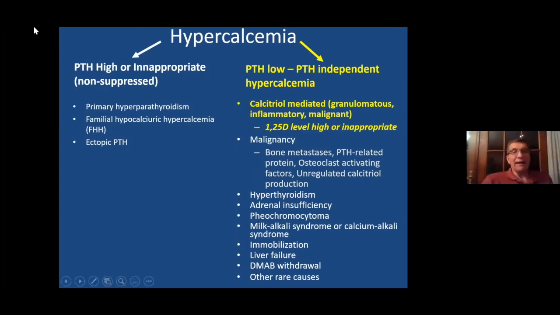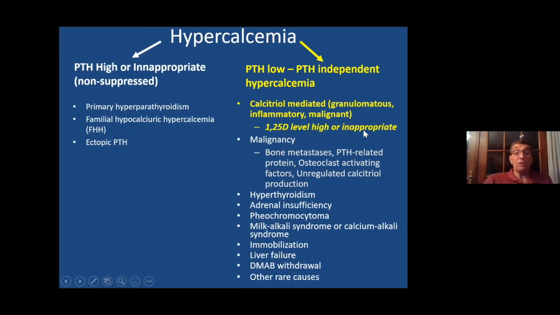So we divide hypercalcemia into PTH dependent, where the PTH is higher and appropriate, the parathyroid disorders, and PTH independent, and I'm going to focus only on this top line, calcitriol mediated, which typically is granulomatous, inflammatory, or malignant. And in these diseases, the 125 level is high or inappropriate.